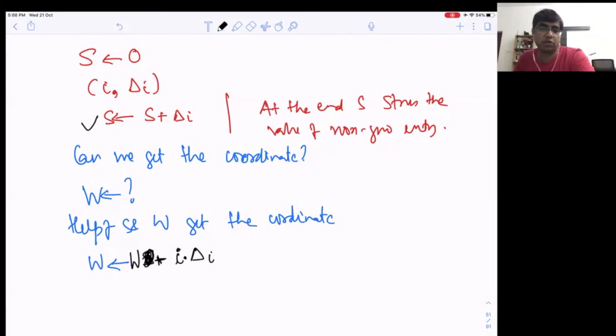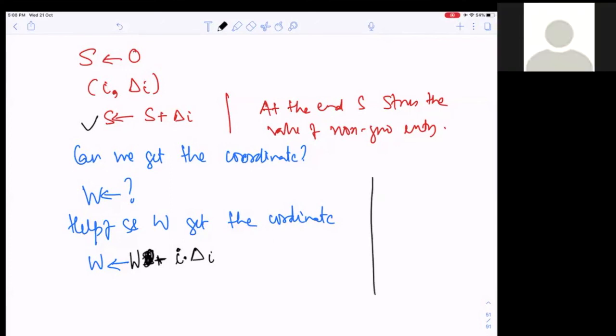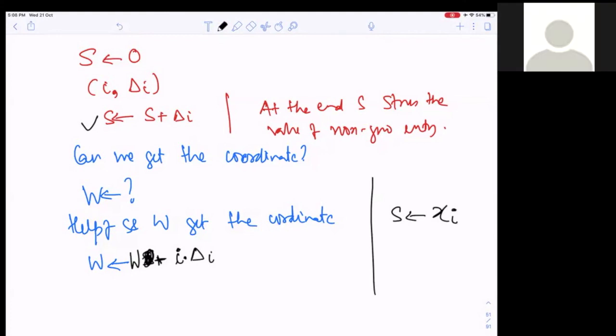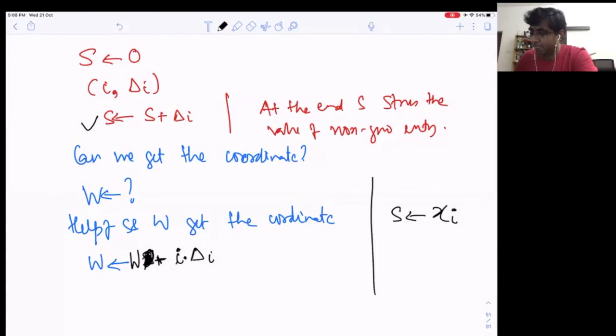Suppose I had just one coordinate. What will be the value of S? S is definitely xi. But what is W? There's only one non-zero coordinate. Right? Rest of them, look, at the end, what will the W store? W is nothing but summation over, look, each change gives you a xi, right?